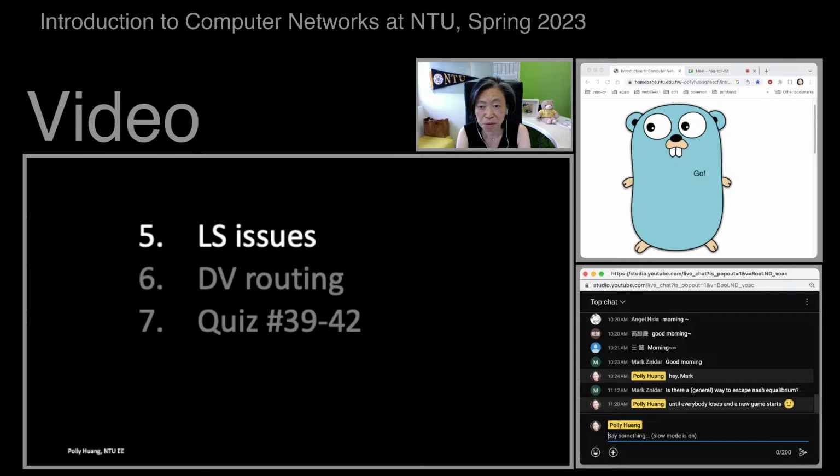Let's resume the lecture. And Mark was asking an interesting question: is there a way to escape Nash equilibrium? Well, as long as the players are not changing their rules, you're stuck. So until everyone loses and a new game starts. Actually, I'm not quite sure what you're talking about here.